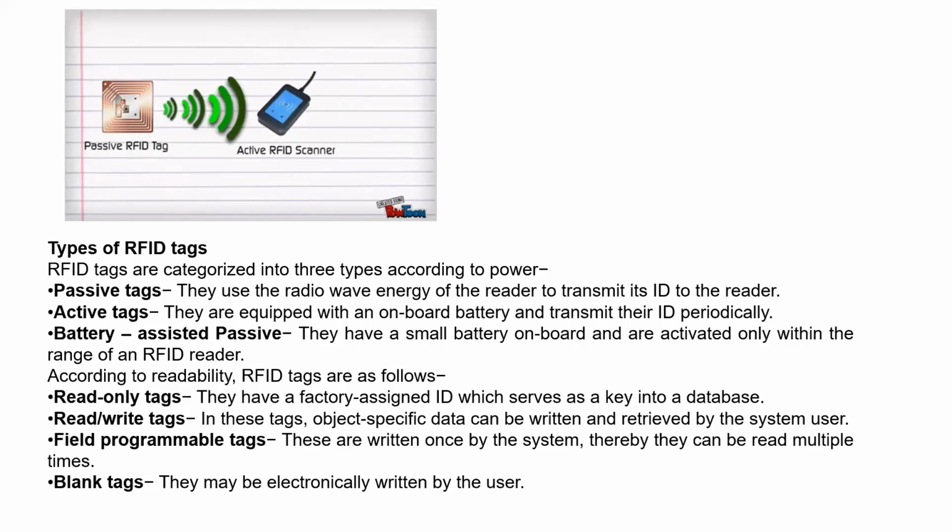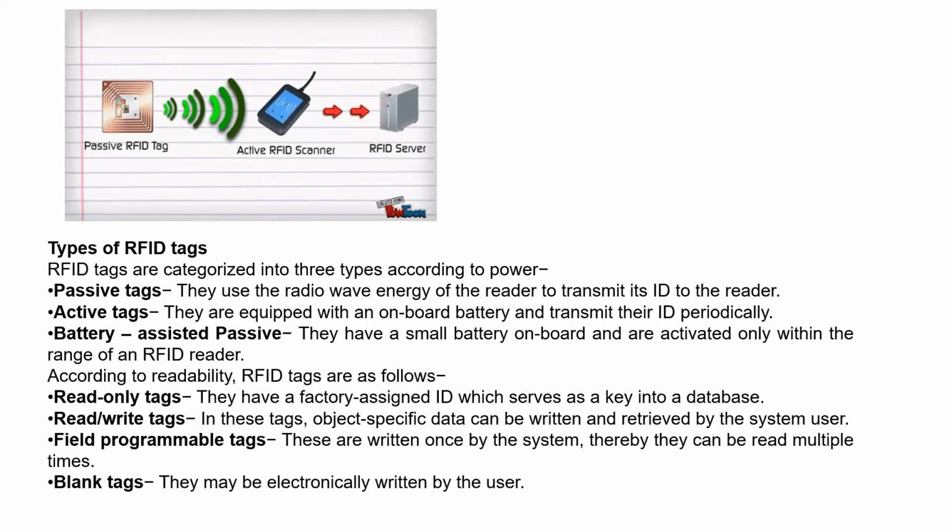As you can see there, there are two types of tags present. These two types of tags are called passive tags and active tags. Passive tags use the radio wave energy of the reader to transmit their ID to the reader.